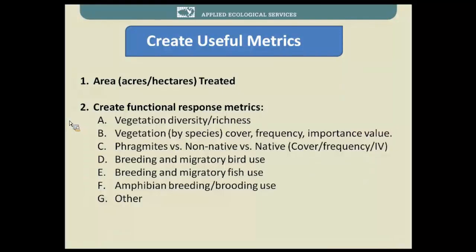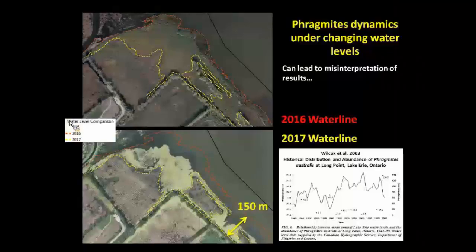We've got baseline measurements of vegetation diversity, richness, cover, frequency, importance value by species, Phragmites cover versus other non-native versus native species cover, frequency, importance value, and breeding birds, amphibians and fish measurements as part of the baseline. But the follow-up measurement in many locations hasn't been done, and that's oftentimes a more important part of the story, certainly more revealing than just acres treated.